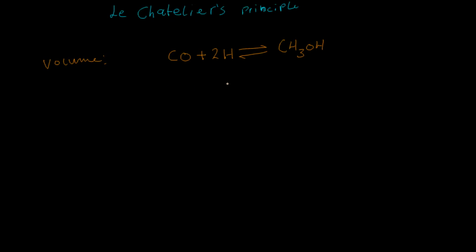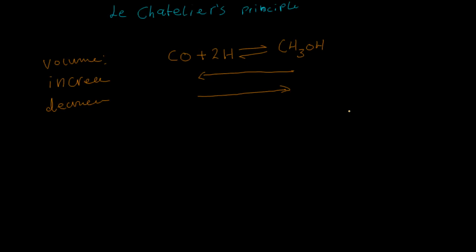So an increase in volume would make the equilibrium move to the left in this example, and a decrease would make it move in the direction of the smallest amount of molecules. So an increase in volume will move in the direction of most molecules, a decrease in volume will move to the direction of least molecules.